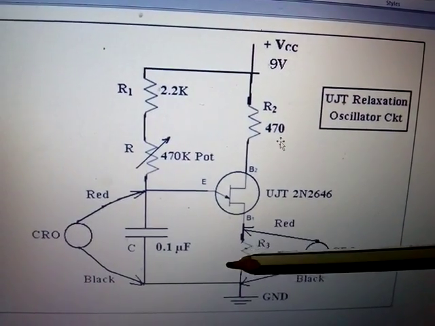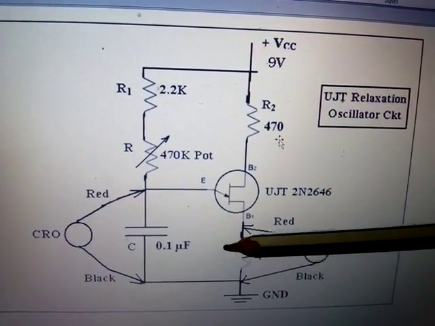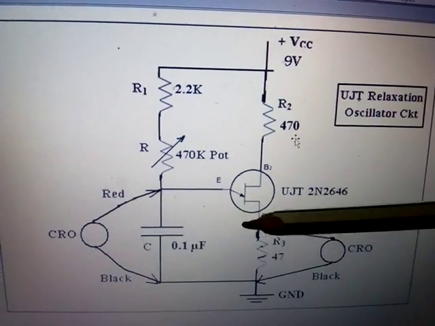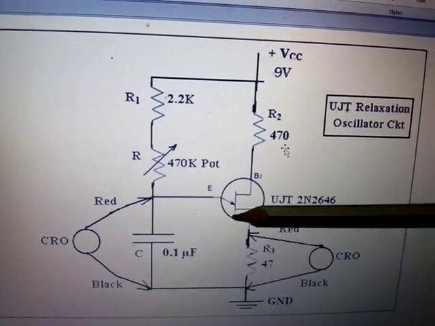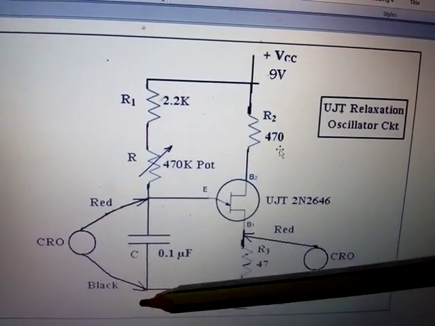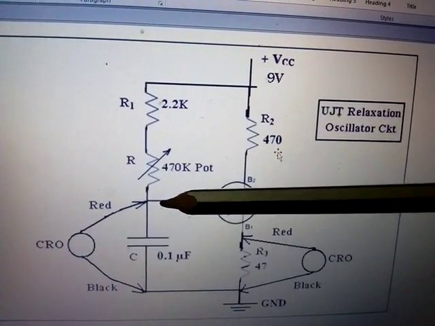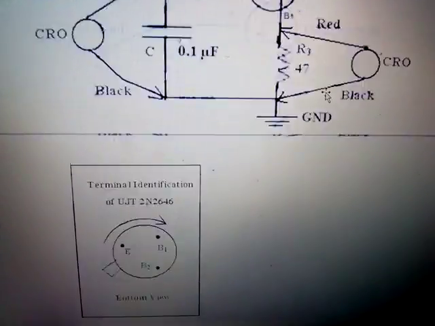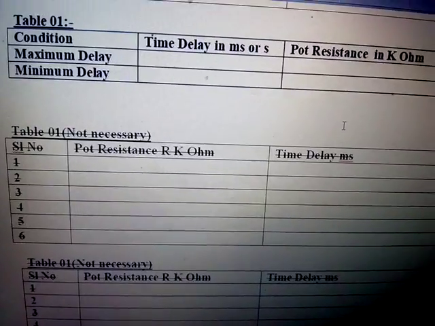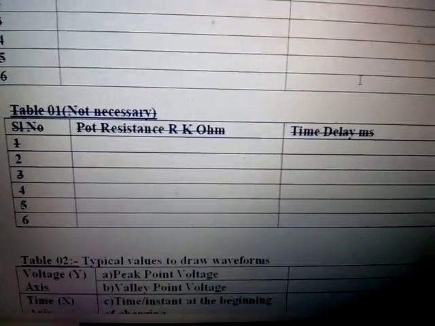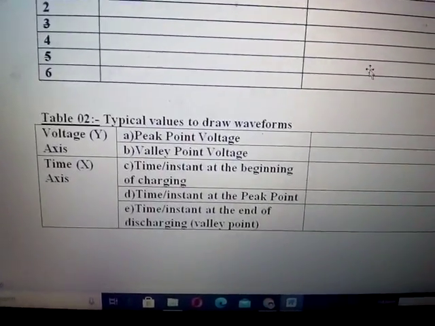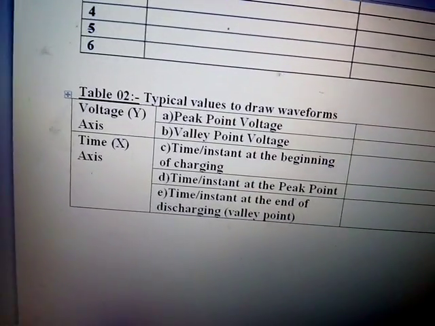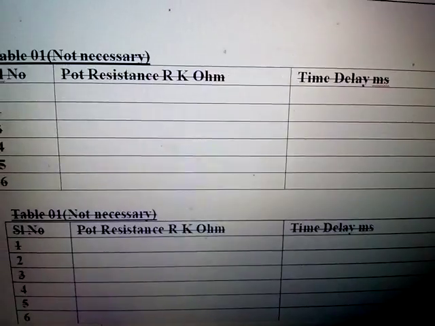Once it reaches the valley point, the UJT will regain its resistance and become off. So the capacitor will again charge up to peak point, then again discharge. So in this way the UJT relaxation oscillator works. So typical value when you take readings, it is very simple, already explained. I think this you know.